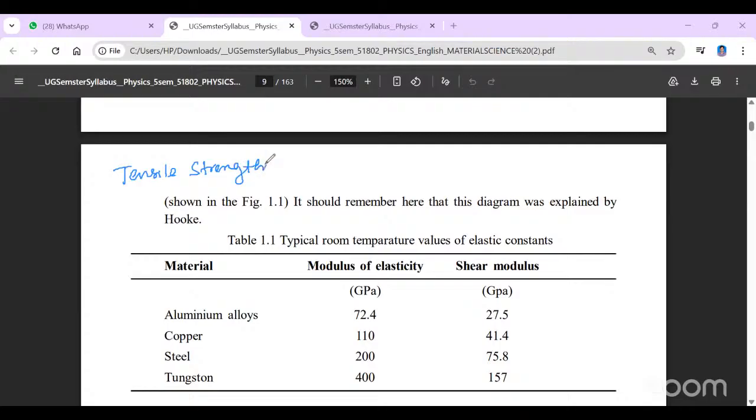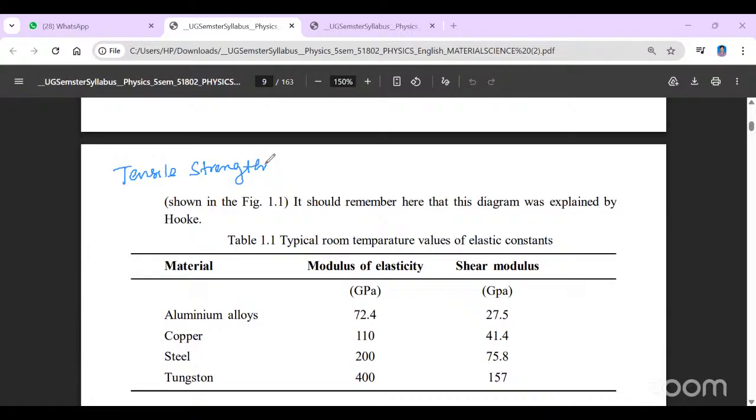So this tensile strength is nothing but the maximum strength reached in the stress and strain curve. The maximum strength reached in the stress and strain curve is what we call the tensile strength.